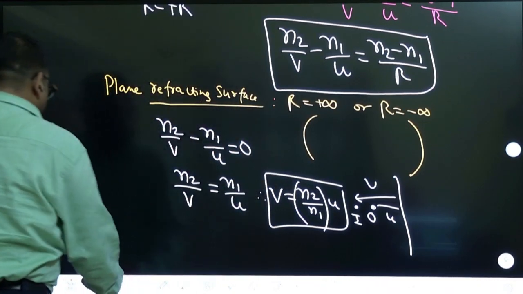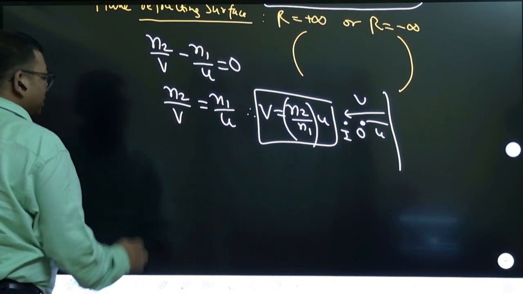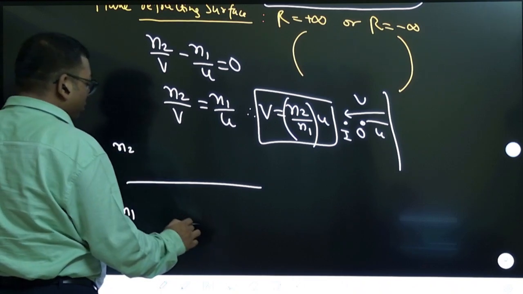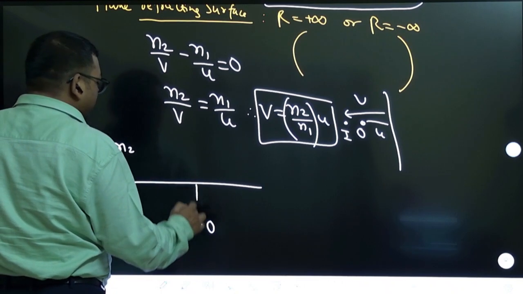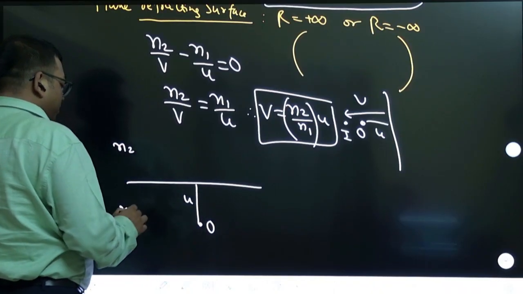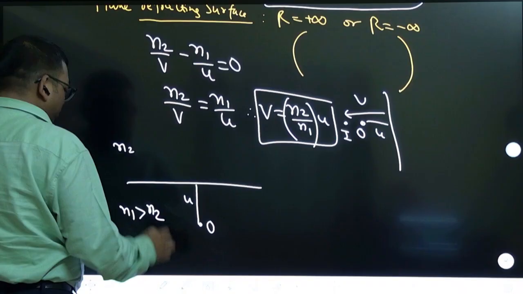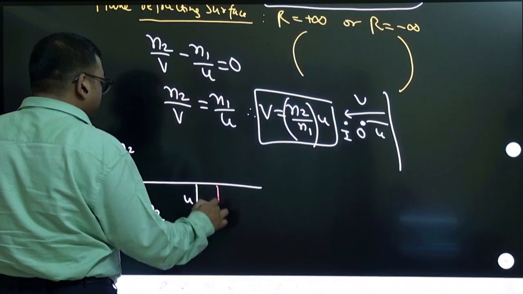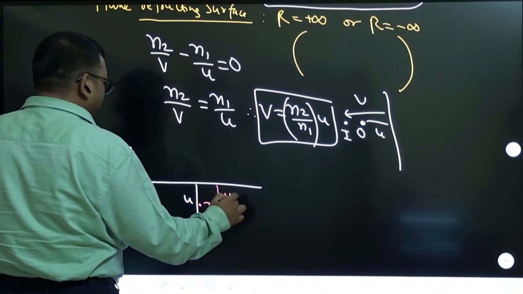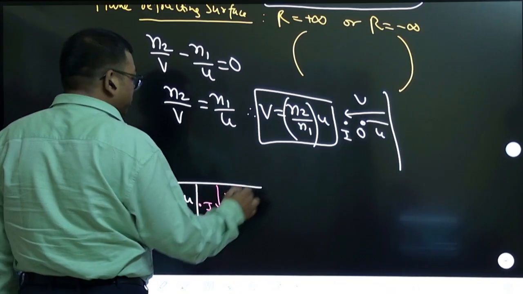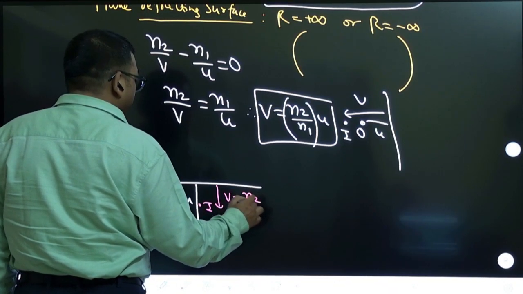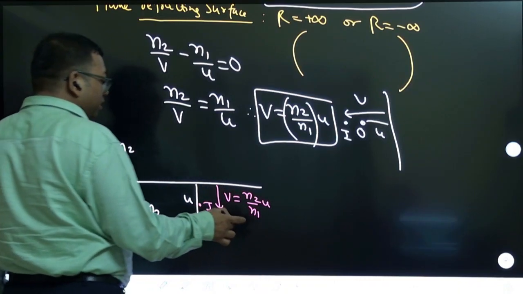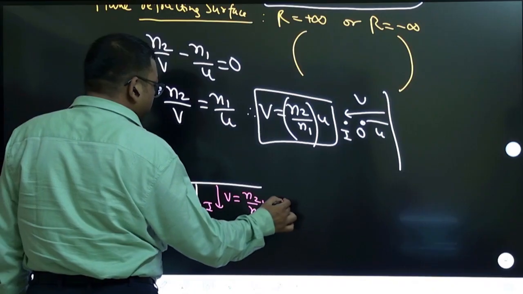Now let us see. Suppose for example this is a flat surface, this is the first medium and this is the second medium, and let us take the object in this medium. This distance is u. Suppose I consider n1 larger than n2, then the image will be formed here somewhere, and this distance of image, v, will be given by this formula as n2 by n1 into u. Definitely n2 by n1 is smaller than 1, so this distance is going to be smaller than u.